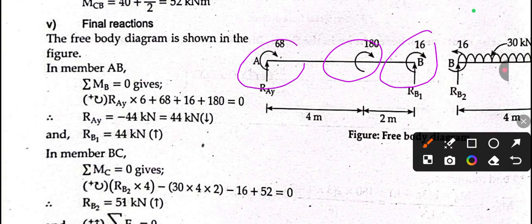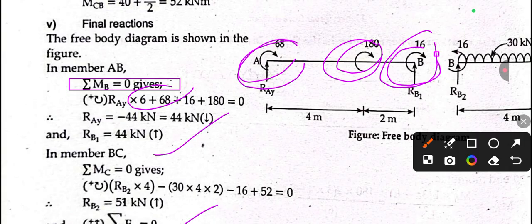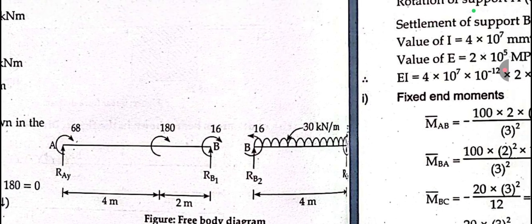Okay, and if you do sum of moment at B equals to 0, at the point B equals to 0 we need to calculate. So these two you need to consider. So 68 into how much, 6, so we need to do this value. Okay, and add these two values. From here we got these reactions.